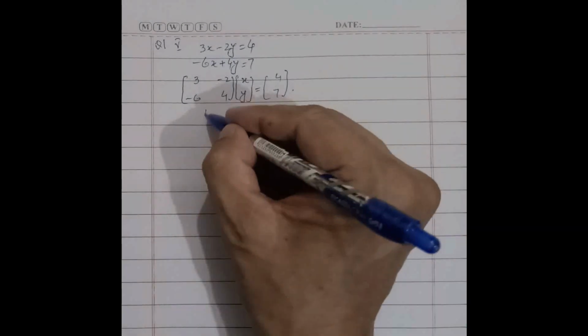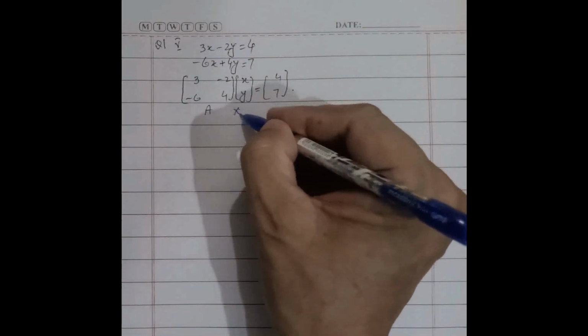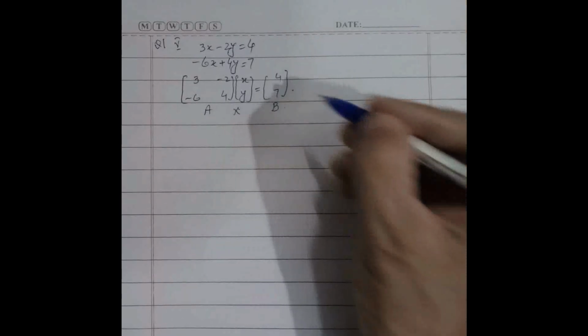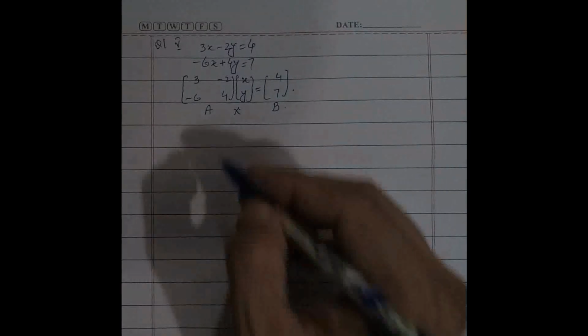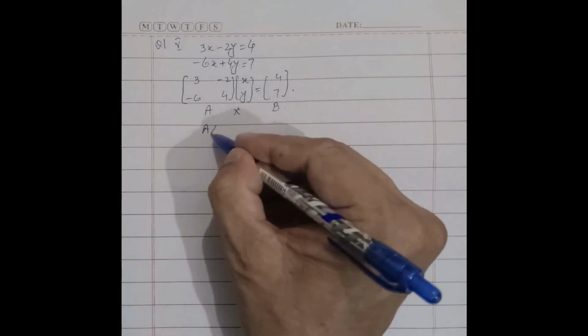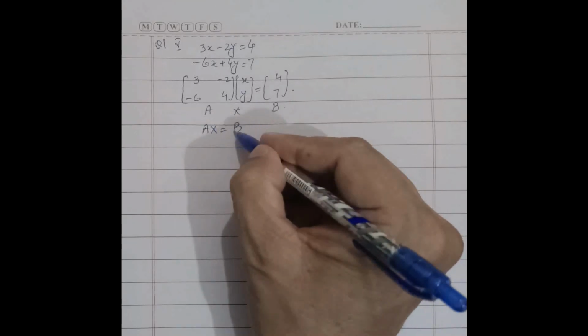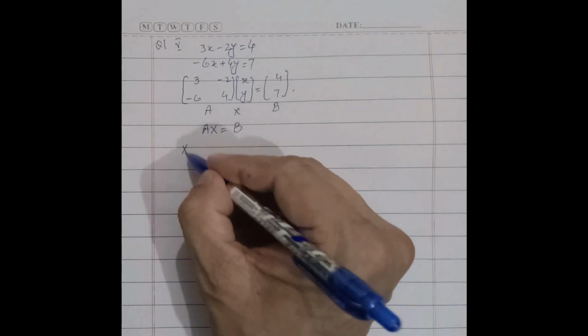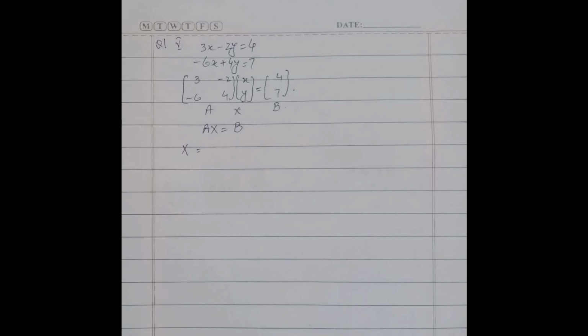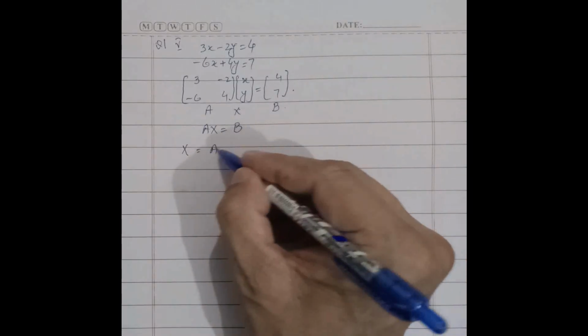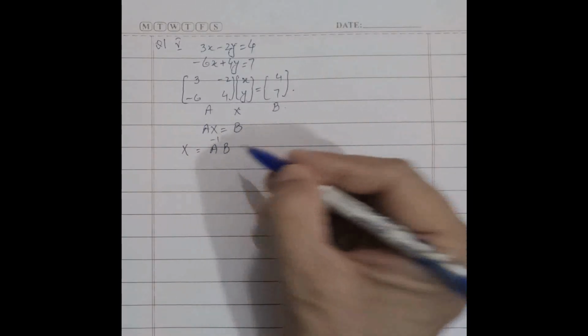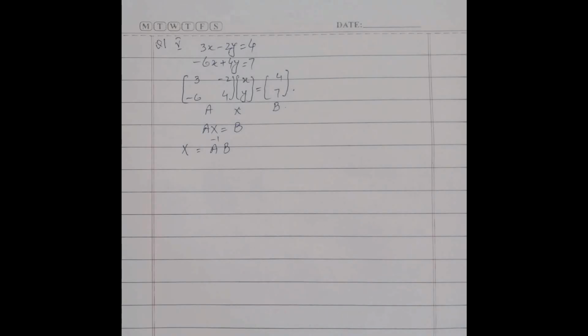We write it as AX = B, and we find X, whose elements are x and y. It is A inverse B, and we first find A inverse.